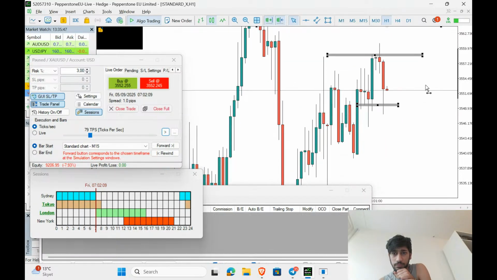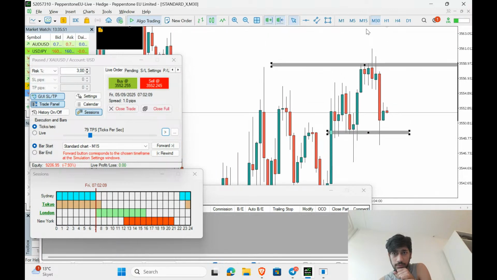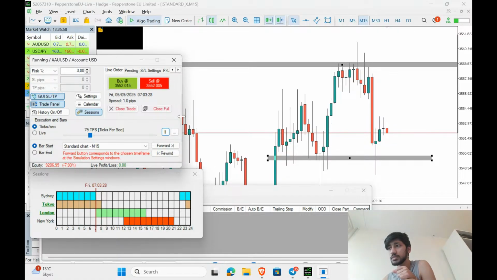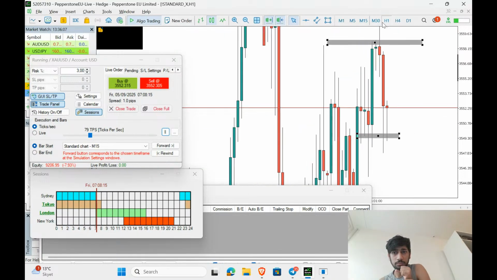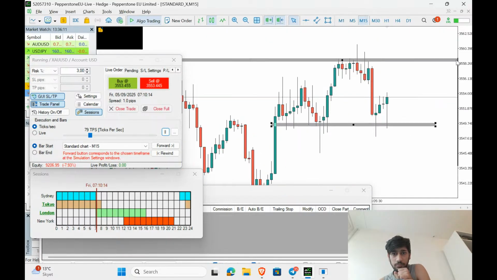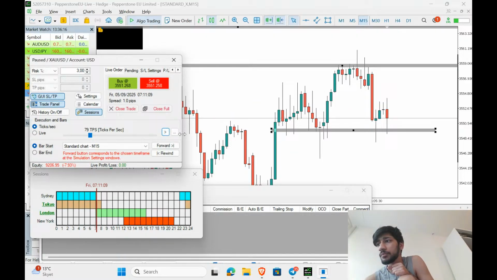H1 up, and M30 we closed bullish, but I mean it's not the ideal scenario. Even if this candle closes bearish below this range, I can be fluid in the market. Yeah, I will trail my stop loss on NAS100 over here.